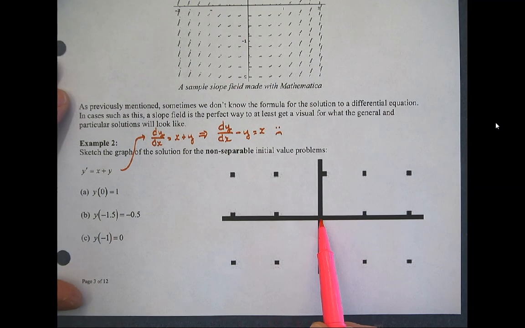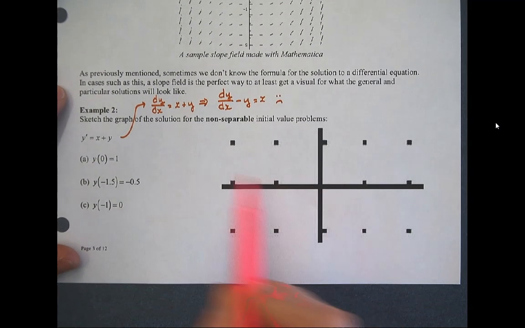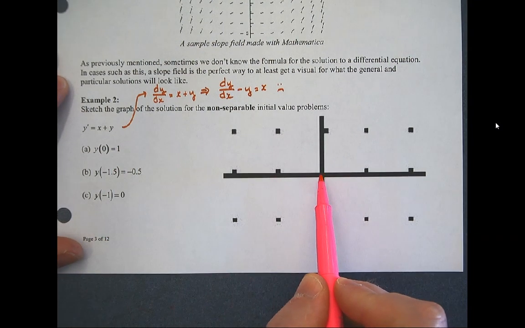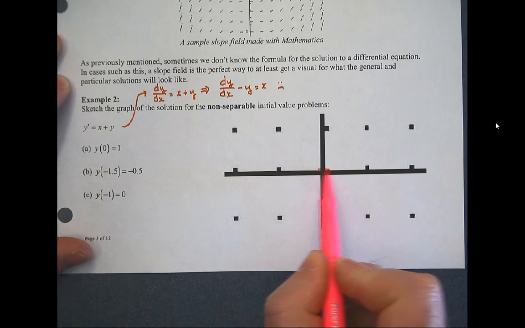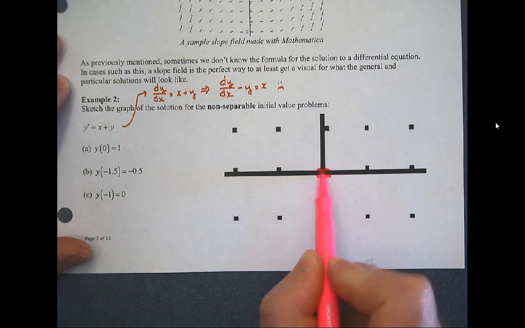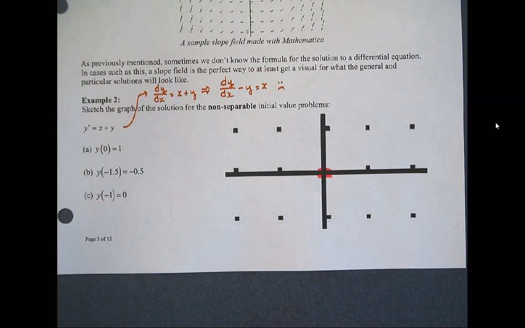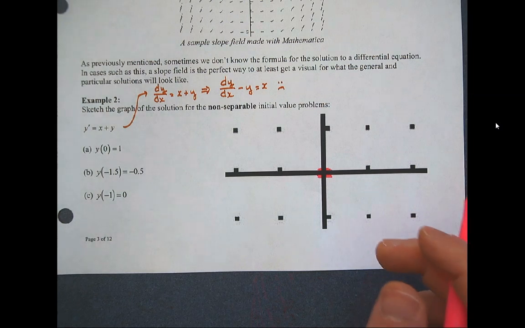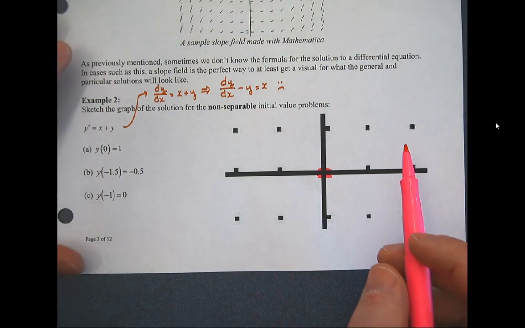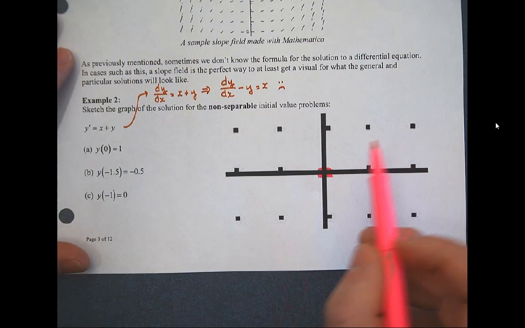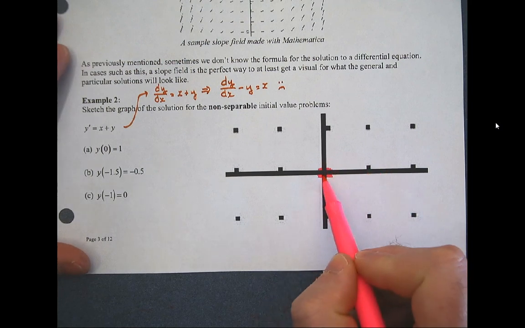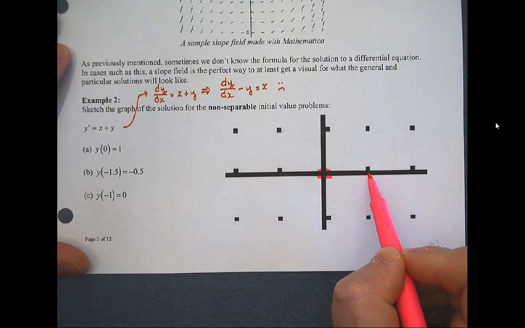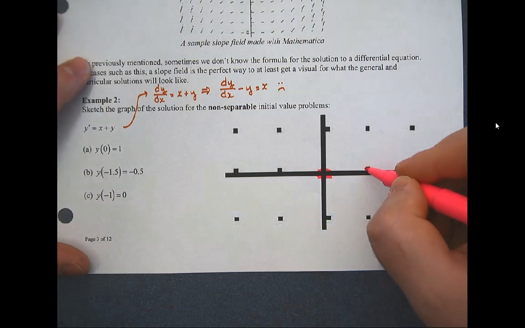So I would take this point and plug it into my derivative function. This is the point (0, 0), so 0 plus 0 is 0. I've got to draw it big. I want to draw that perfectly horizontal. Then you could pick whatever points. Usually you try to find a pattern, and once you see the pattern, you can go a little bit quicker. So this is 1 for x and 0 for y, so 1 plus 0 is 1.